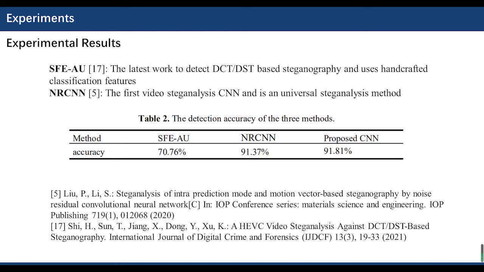Table 2 shows the detection accuracy of the three methods. We can see that compared with the CNN-based Steganalysis methods, SFE-AU owns the lowest detection accuracy, nearly 20% lower than NRCNN and the proposed CNN. Furthermore, compared with NRCNN, the proposed model has higher detection accuracy.